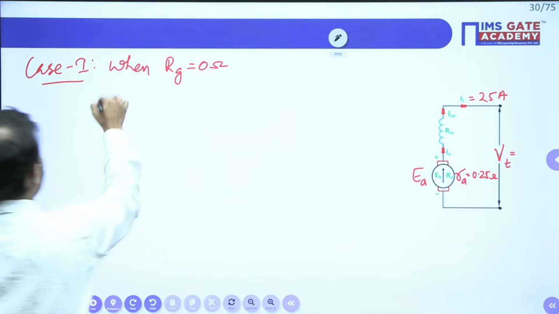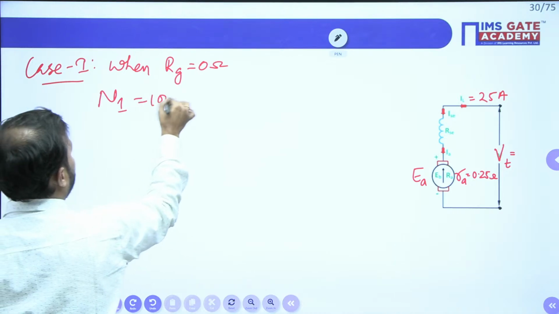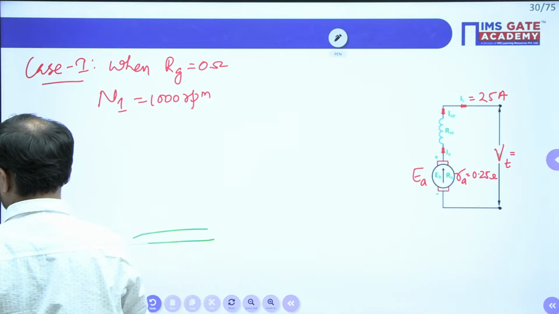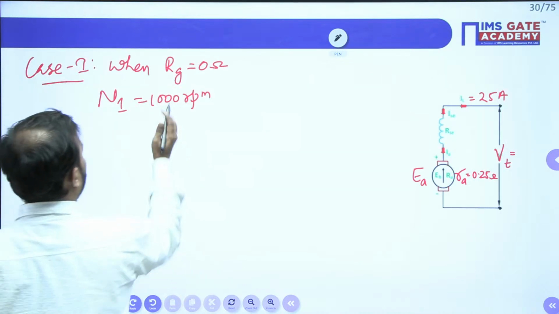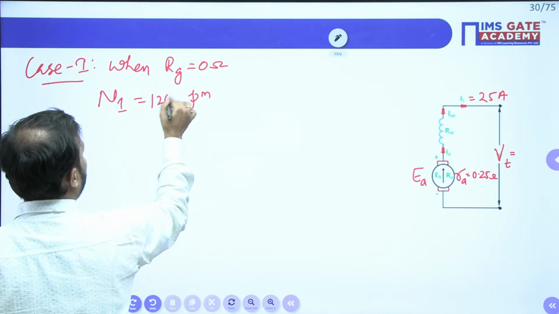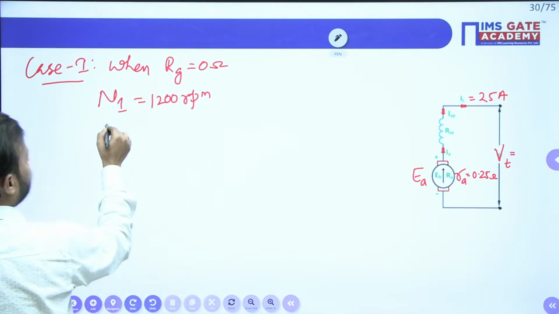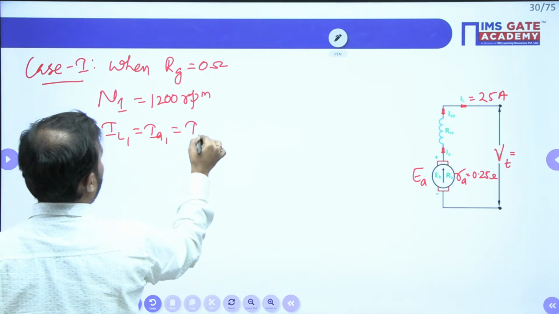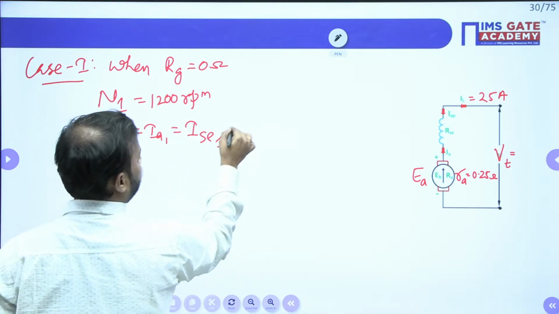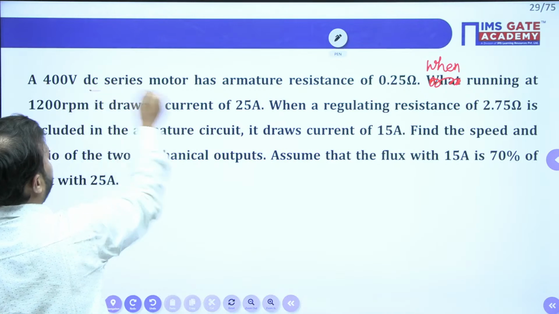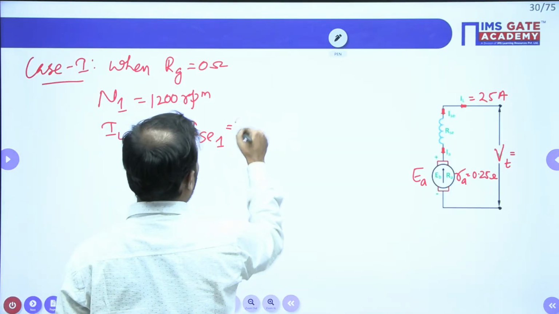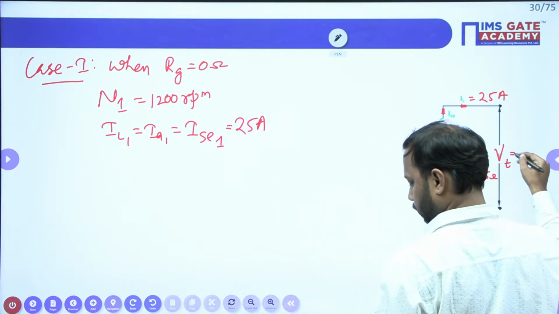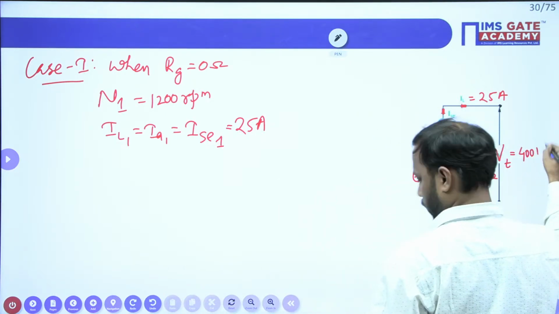In this case, N1 is 1200 RPM. Since this is a series machine, IL1, IA1 and I series 1 are all equal, 25 ampere, and here VT is 400 volt.